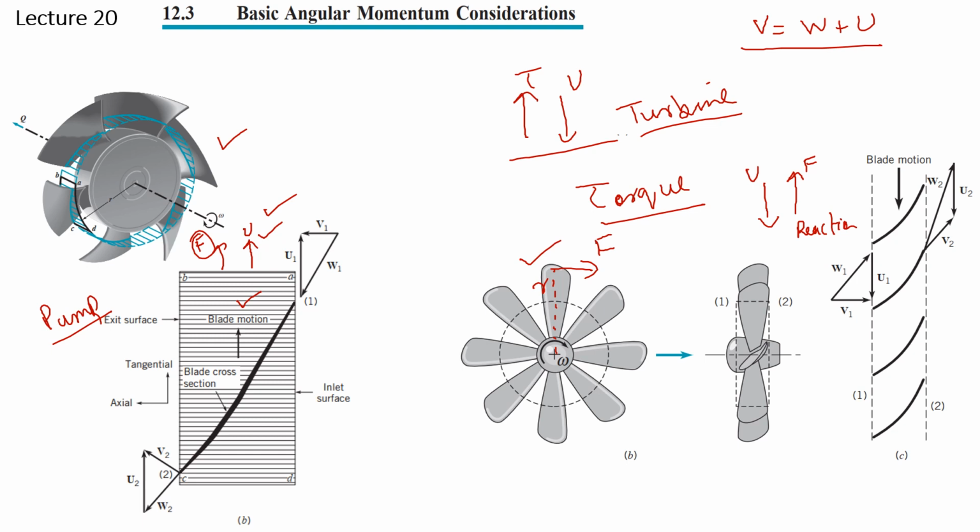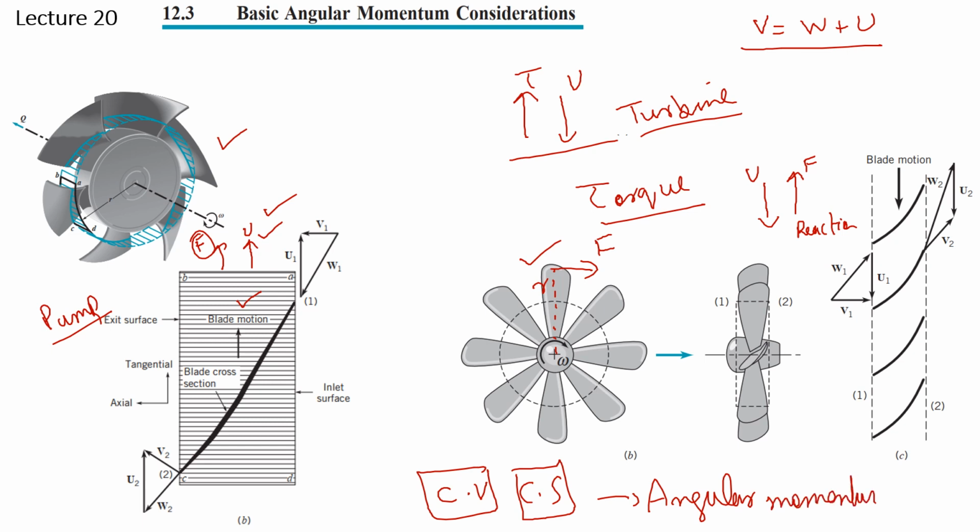We will also see in terms of the Reynolds transport theorem, we will apply our control volume and our control surfaces analysis on these turbines also, and we will talk about the conservation of angular momentum in terms of the Reynolds transport theorem, and we will then see how we are relating torques to these different velocities that we discussed in the previous lecture and now in this lecture. So now let's move forward.